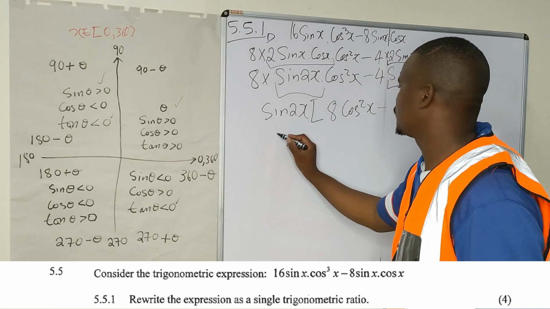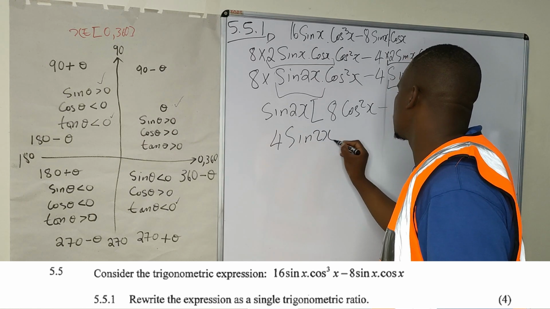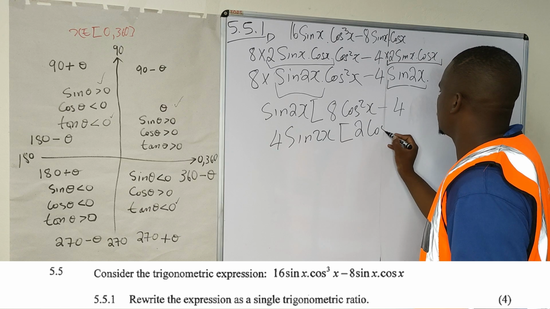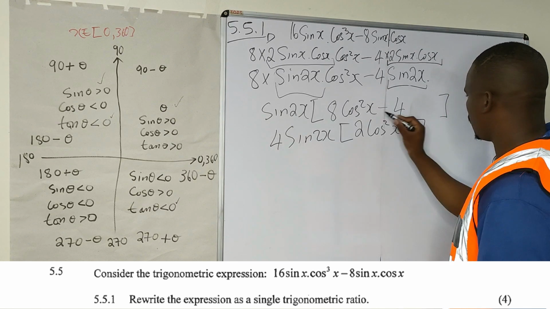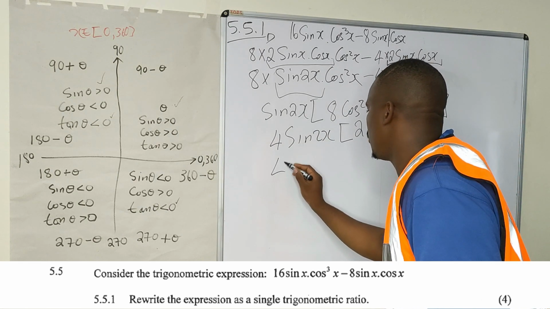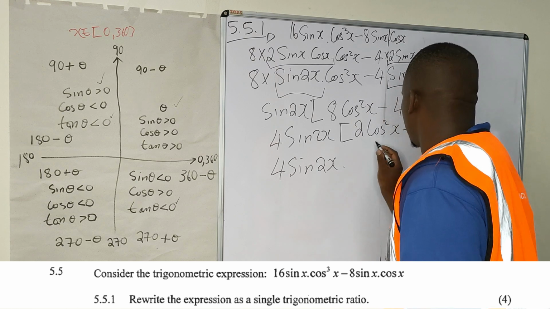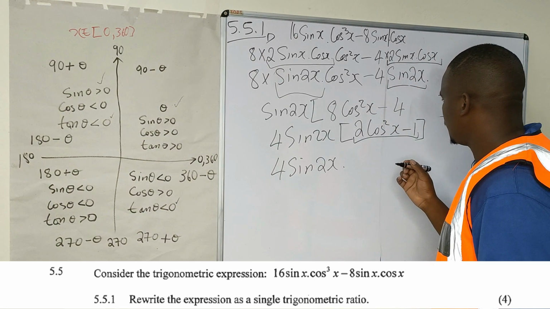So we have 4 sine 2x times, inside here we'll have 2 cos squared x minus 1. You know what this is. This is a double angle identity.